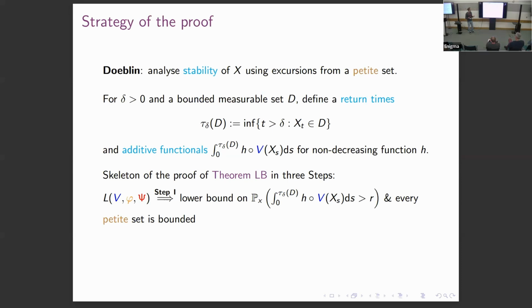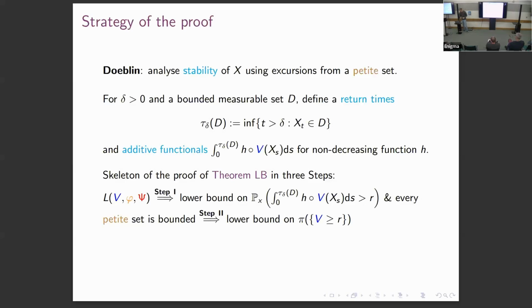And the proof then reduces to 3 steps. The first one is we go from our lower bound drift conditions to lower bounds on the tails of these excursions, and the fact that every Petit set is bounded. This is sort of the converse to the upper bounds. For the upper bounds, you usually prove that all compact sets are Petit. And here we prove that all Petit sets are bounded.